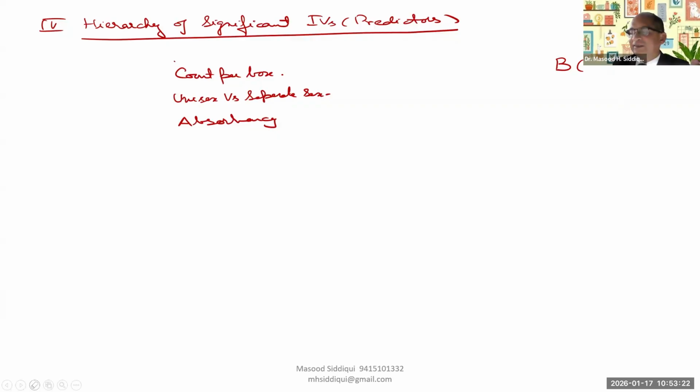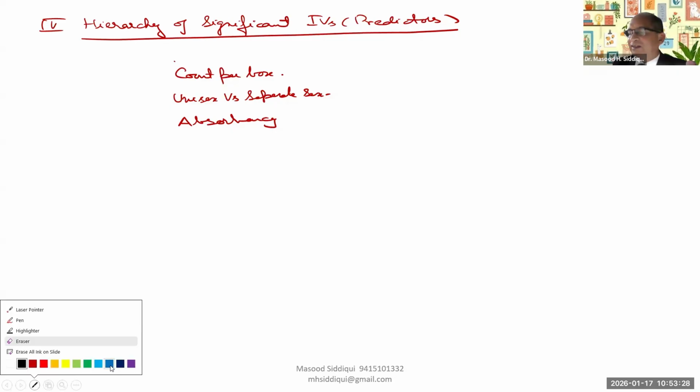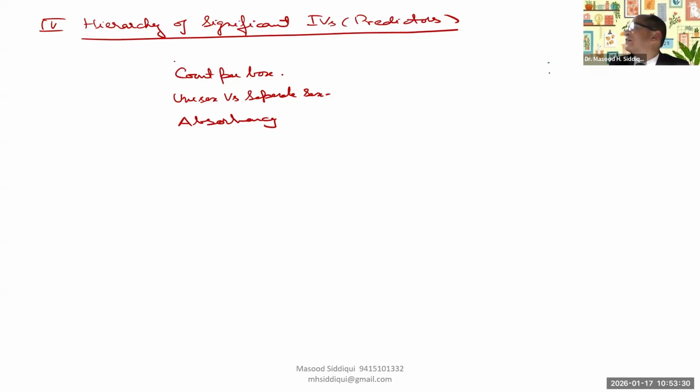So we are considering B. B is the unstandardized regression coefficient or regression parameters.